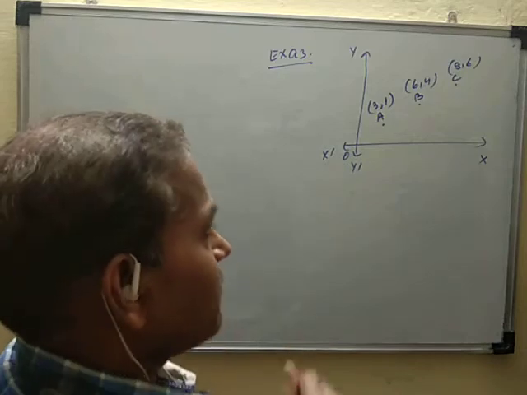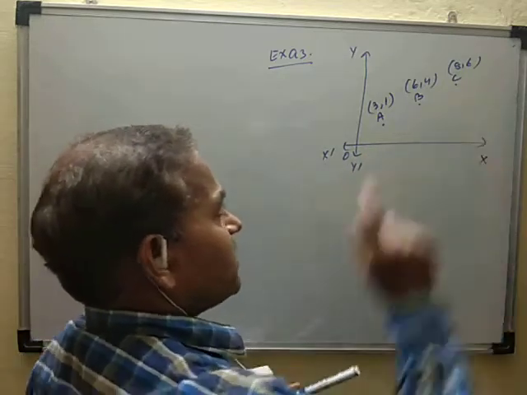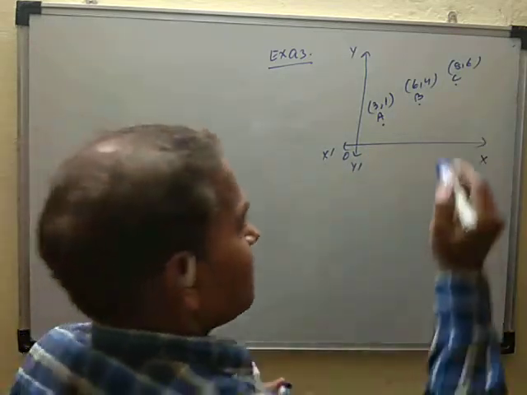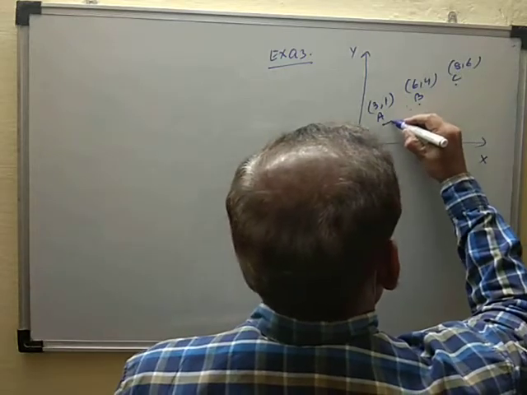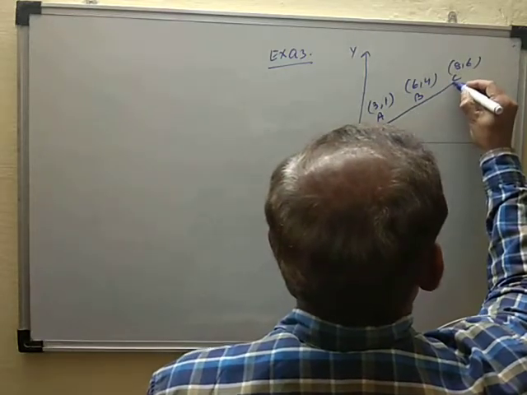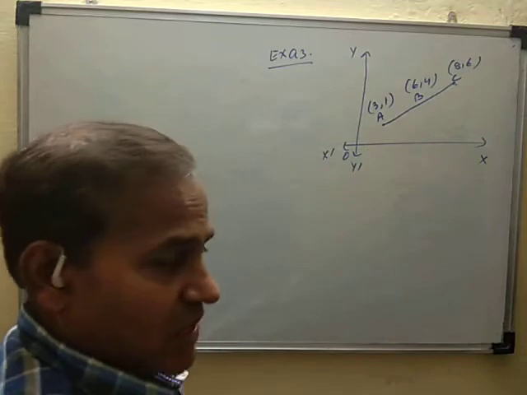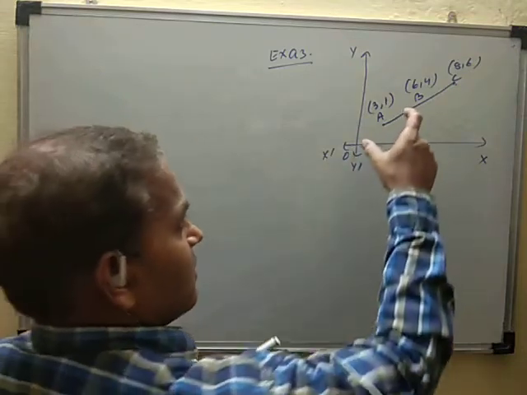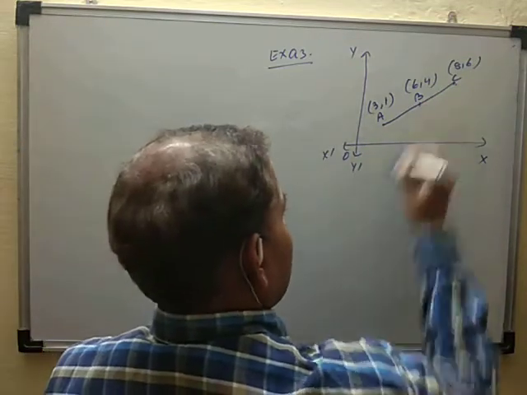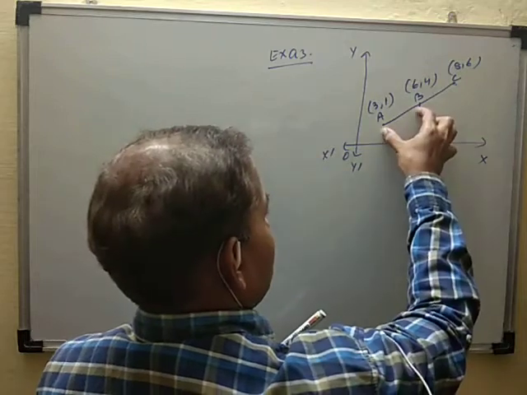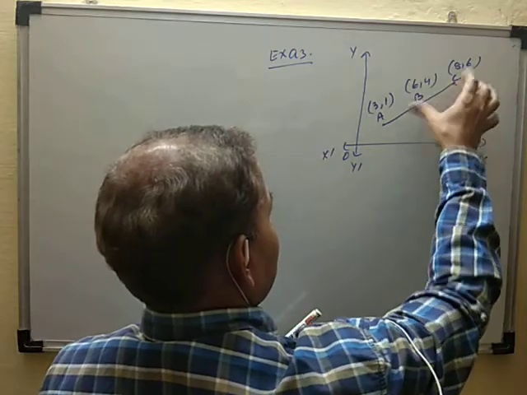So if ABC seated in a line, that is this ABC is a line segment, then distance of AB plus BC is equal to distance of AC.